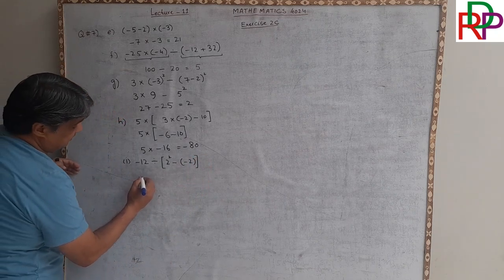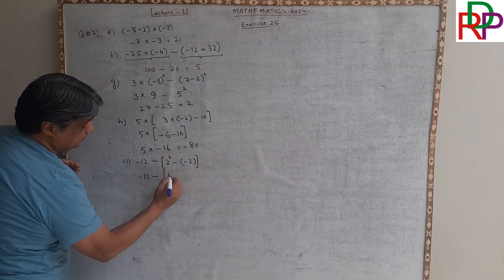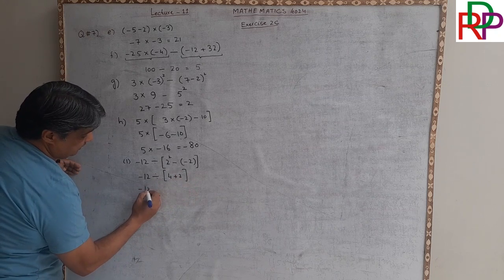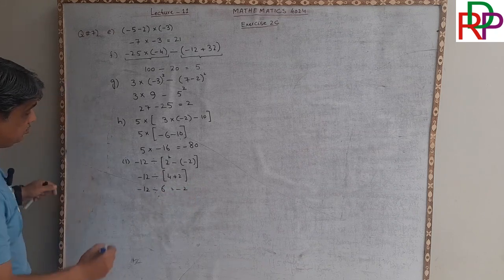So I am writing minus 12 divided by 2 square, which is 4, plus 2. Now minus 12 divided by 6 is equal to minus 2.